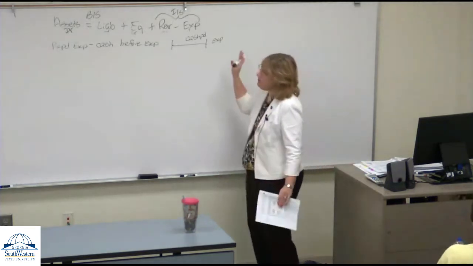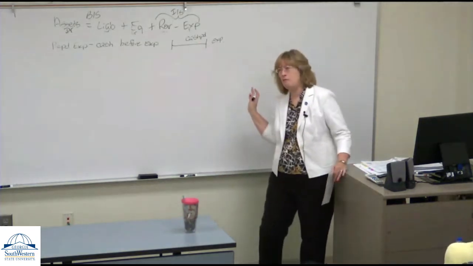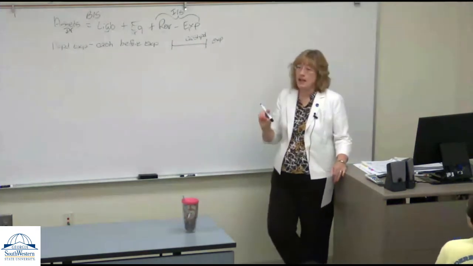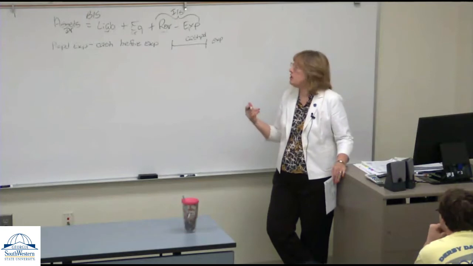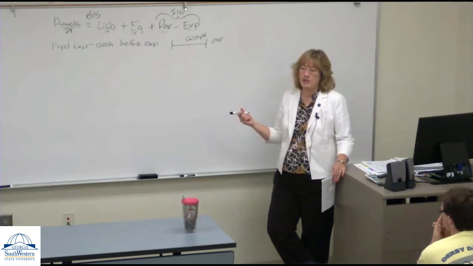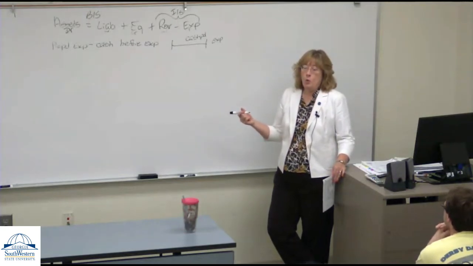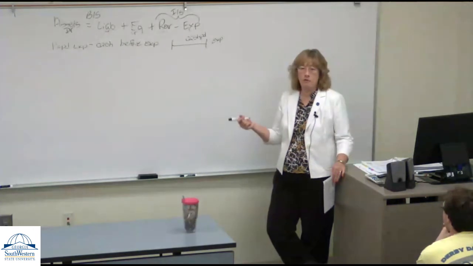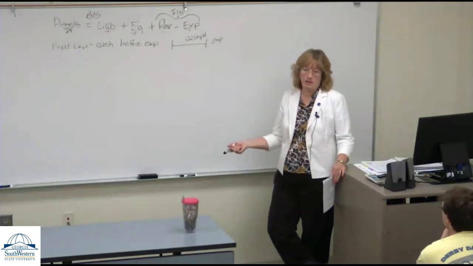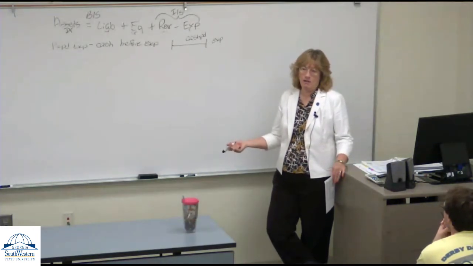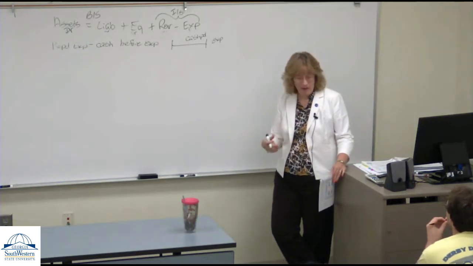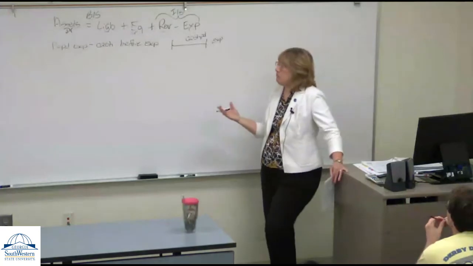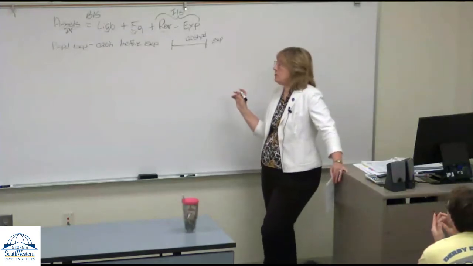So all of these prepaids, all of these journal entries that we're going over, the cash is in a different period than the revenue or the expense. So this is an important concept for you guys to know if the cash is before or after the revenue or the expense, okay? When I say that's an important concept, I mean, this is the reason that we have a prepaid or any other kind of these adjusting entries.